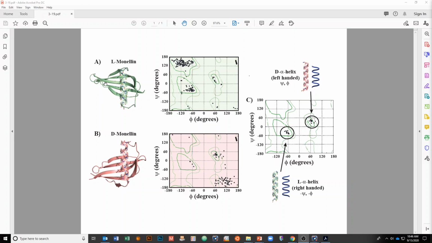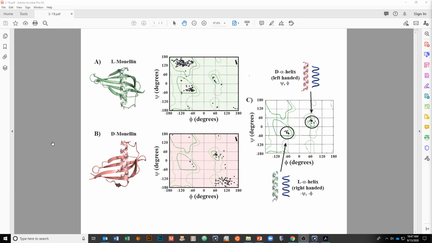the beta conformation. If we calculate a Ramachandran plot, you're going to see that there's some alpha helix, and the rest is beta. Now, this is cool because we can synthesize monellin, and the L and the D forms have been prepared. So L-monellin was prepared using L amino acids, D-monellin with D amino acids. And everything changes.